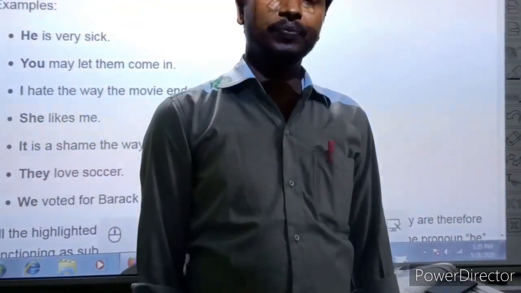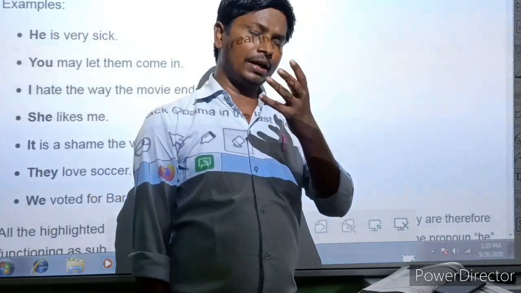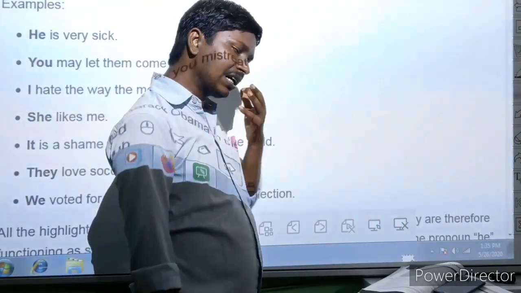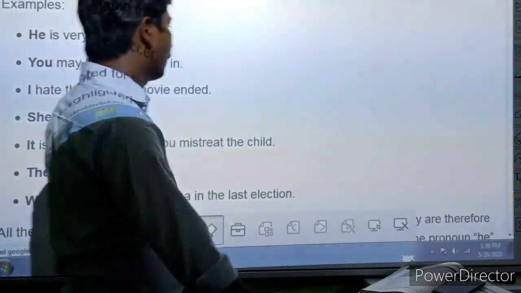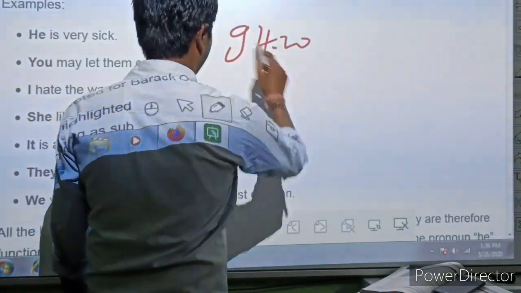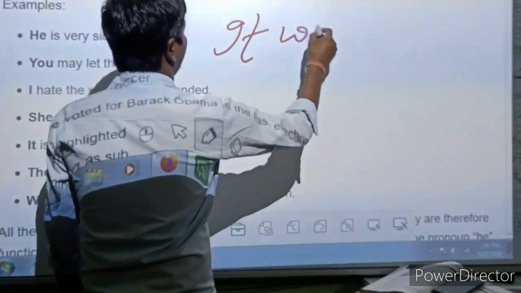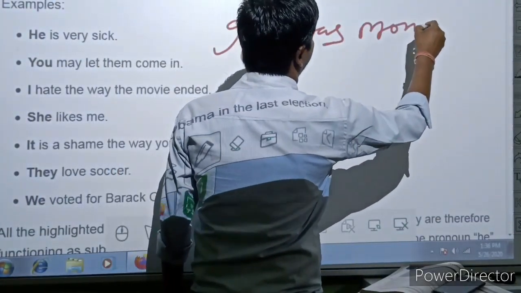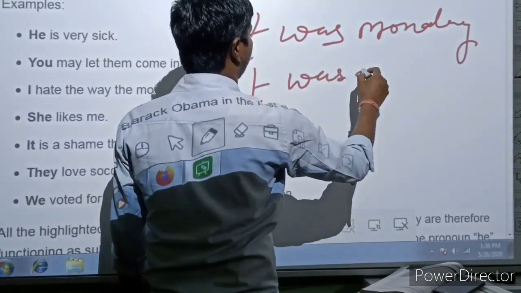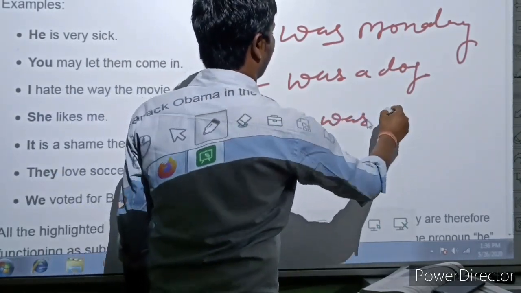The pronoun it is always used for a non-living thing or a very little object or very little animal, or a word that can be classified as an organization, like it was Monday, or it was a dog, or it was a crowd.